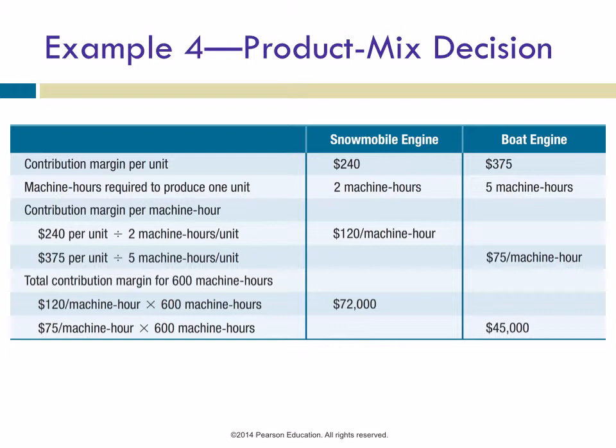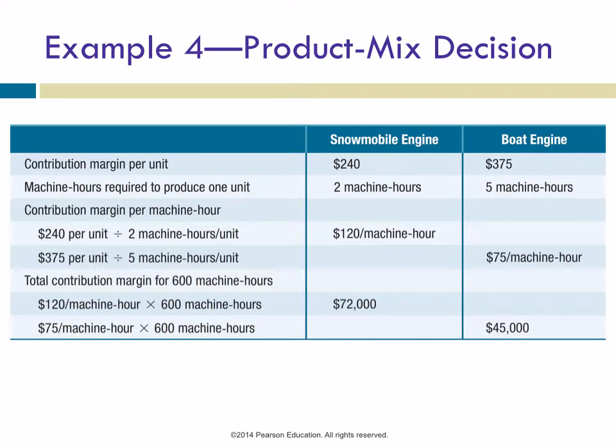When we convert this to the per machine hour contribution margin, we can make a head-to-head decision, because we can see that for each machine hour we get $120 of contribution margin out of the snowmobile engine versus $75 out of the boat engine.